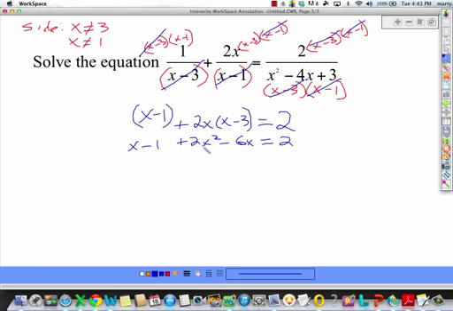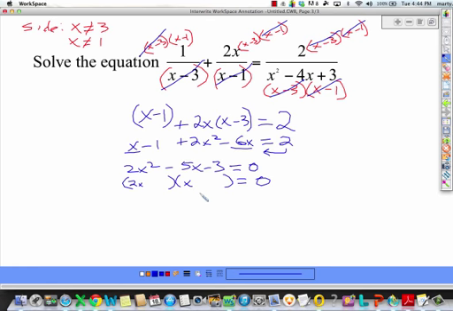I have a quadratic again. 2x squared out front. x minus 6x is minus 5x. Bring this 2 over, and I get minus 3 equals 0. So I have a quadratic equation. Can we factor? Let's have a look-see. 2x and x.